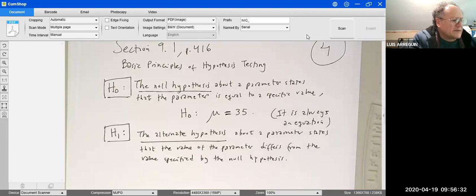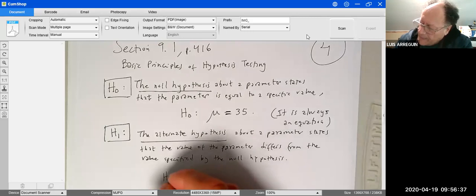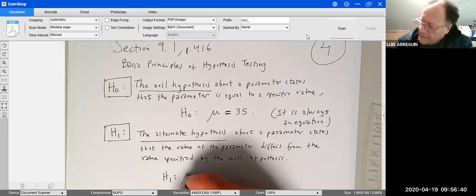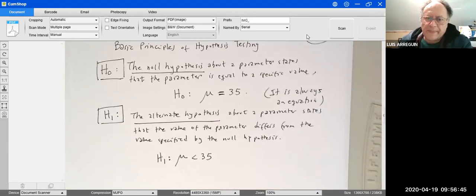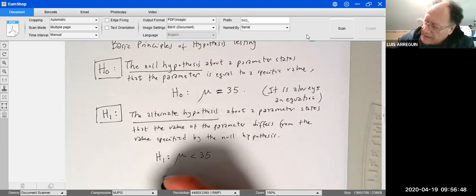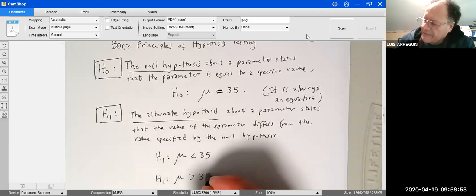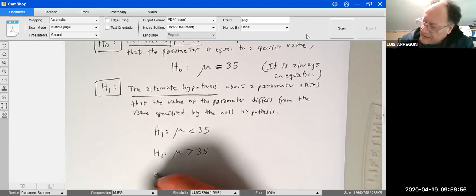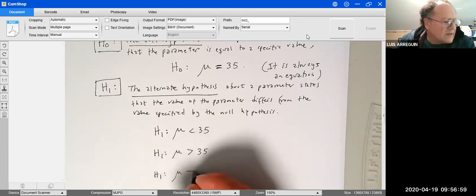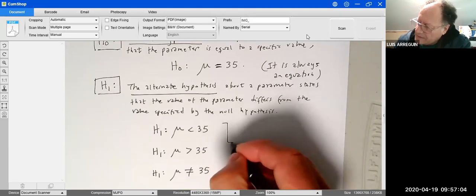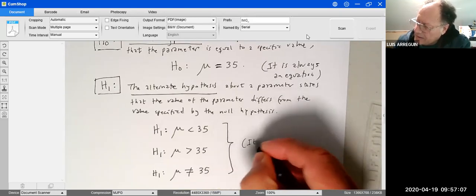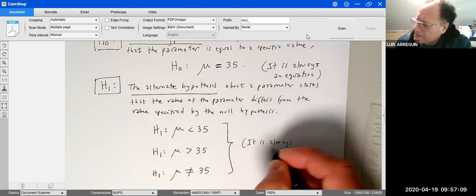So in which ways you can say that, for example, that the mean is less than 35, or you can say that the mean is greater than 35, or you can say that the mean is different than 35. So it is always an inequality.